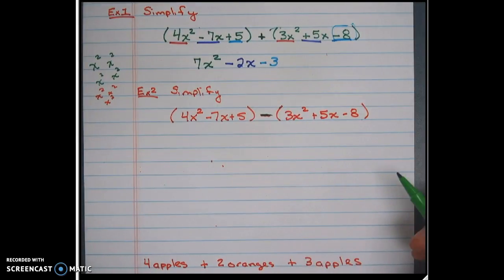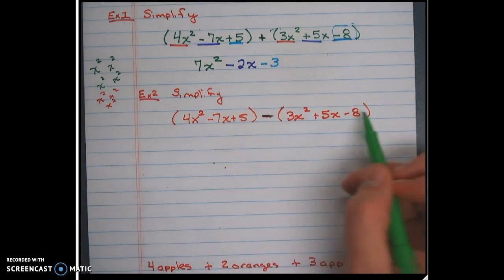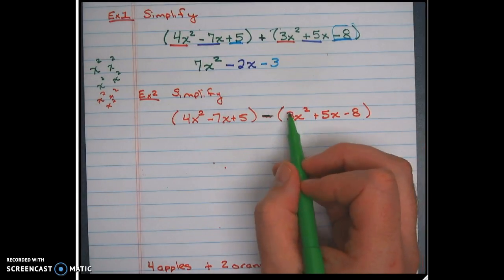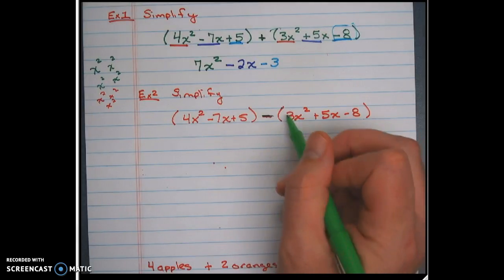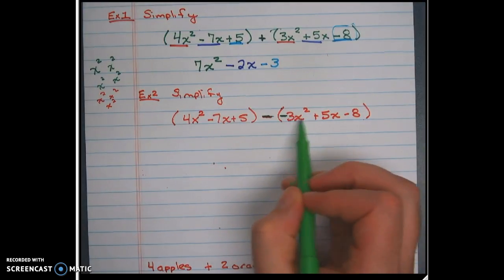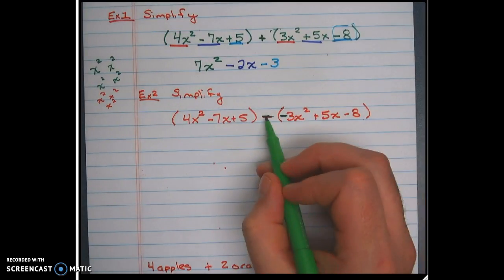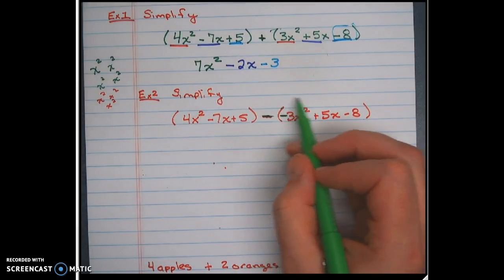So our very first step really is to distribute this negative sign and give it to all three pieces. So this was a positive 3x squared. When I give a negative to it, a negative times a positive is a negative. So that 3x squared becomes a negative. Again, this negative also goes to this 5x. So what's a negative times a positive?